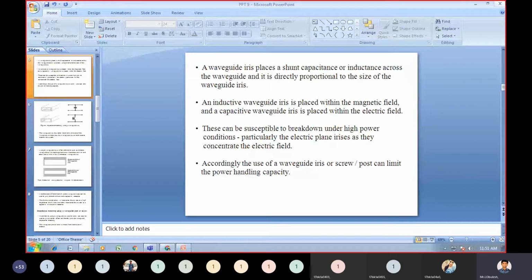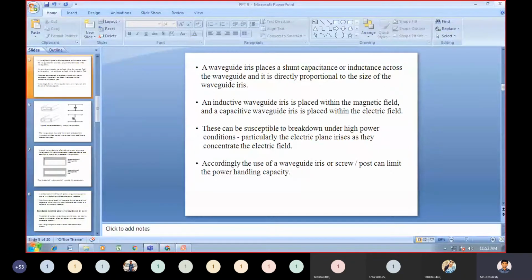An inductive waveguide iris is placed within the magnetic field. If you want to place a capacitive waveguide iris, in which field do you have to place it? A capacitive waveguide iris is placed within the electric field.